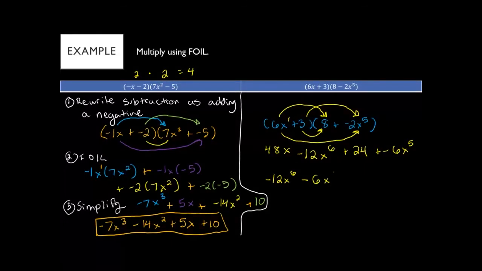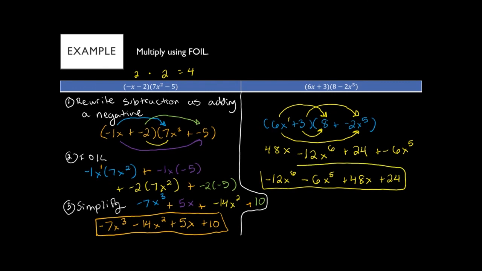Then the minus 6x to the 5th. Then the thing with the x, so plus 48x, and then plus 24. And then that would be your final answer. Are there any questions?